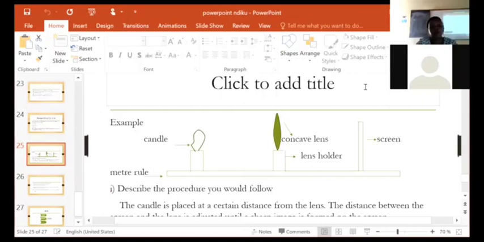The candle is the object. Then the distance between the lens and the screen is adjusted until a sharp image is formed on the screen. Here the marking point was a sharp image to be formed on the screen. Not just an image, but the image must be sharp.